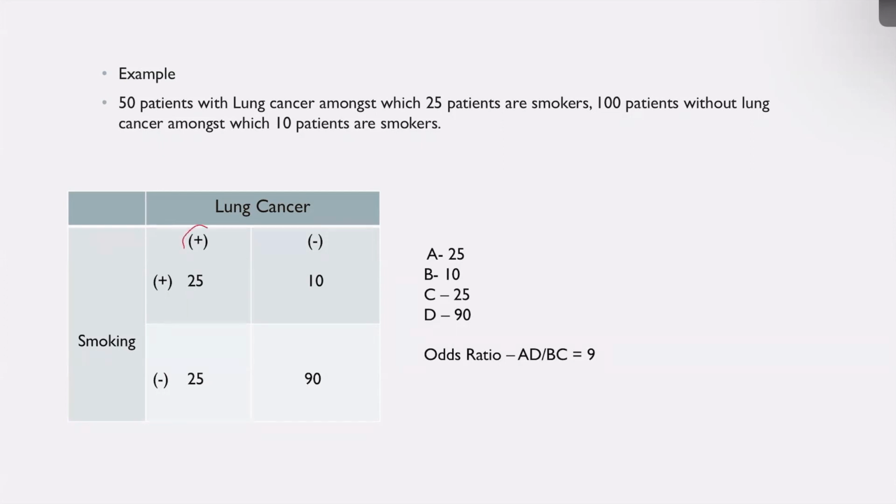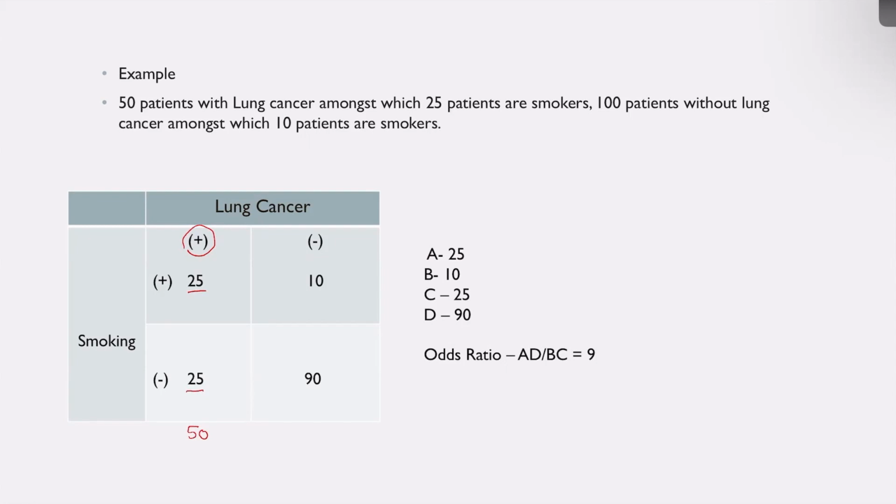So lung cancer positive, the total would be 50, right? All right. And then 25 patients are smokers, meaning 25 smokers are there and 25 non-smokers are also there. So here we have put 25 in both A and C. Great. Now there are 100 patients without lung cancer, amongst which 10 patients are smokers.